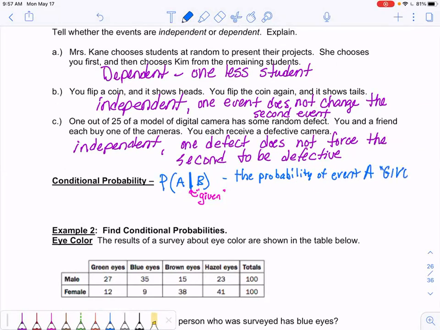Given, I'm going to put that and highlight it. Given that event B happened.